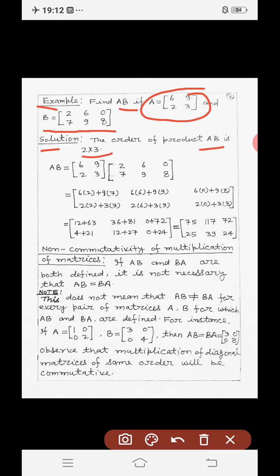So product AB is equal to the matrix 6, 9, 2, 3 into the matrix 2, 6, 0, 7, 9, 8.